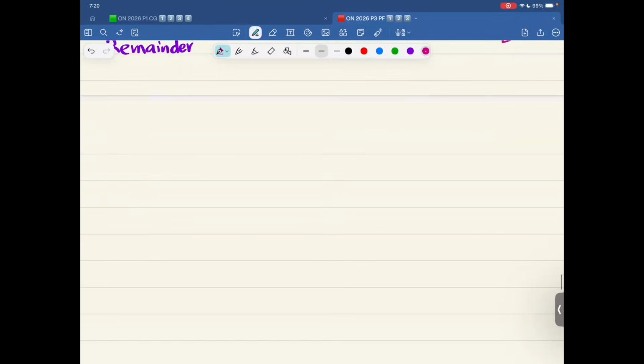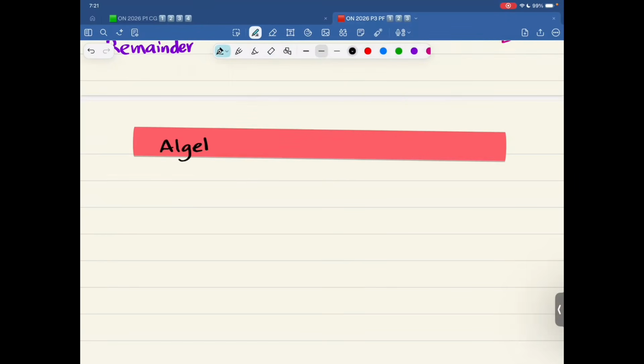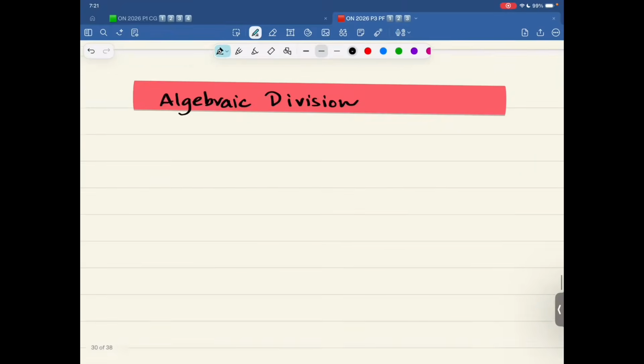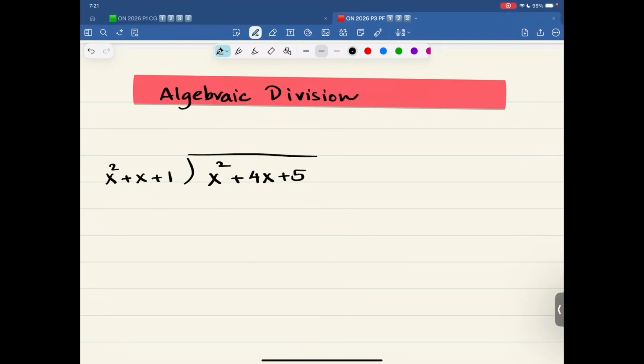Now let's say I want to practice something new, and then I'll go back to partial fractions. That is the concept of algebraic division. And then I'll apply it to partial fractions. Let's say I have x squared plus 4x plus 5, and I want to divide it with x squared plus x plus 1.